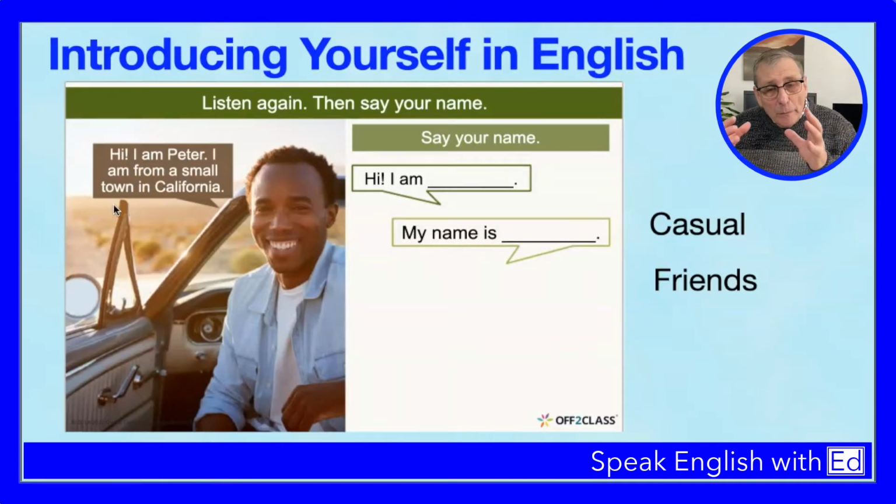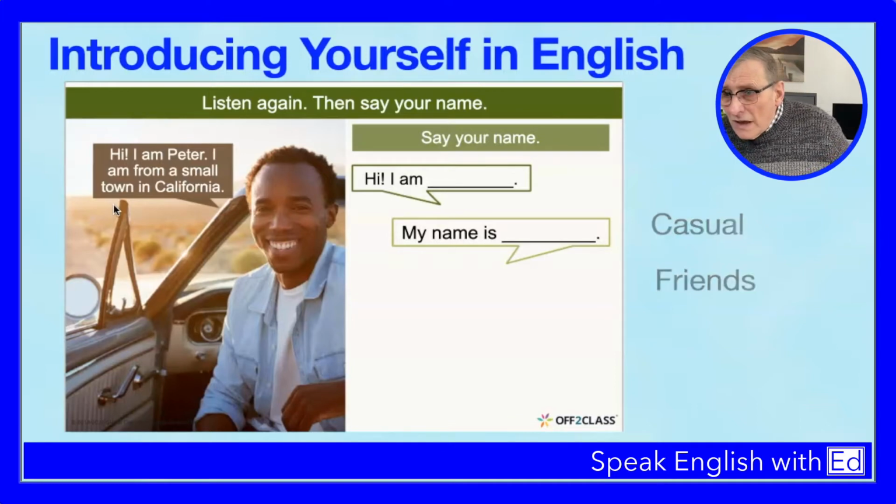They've already been on his website, registered and paid for his course, so they know a fair bit about Peter. They know him without knowing him, if you know what I mean. So Peter's speaking to these people as friends. That's why he's saying, hi, I am Peter.